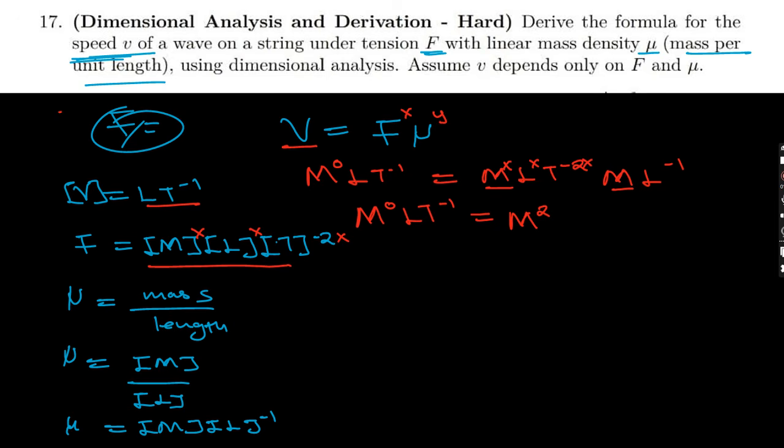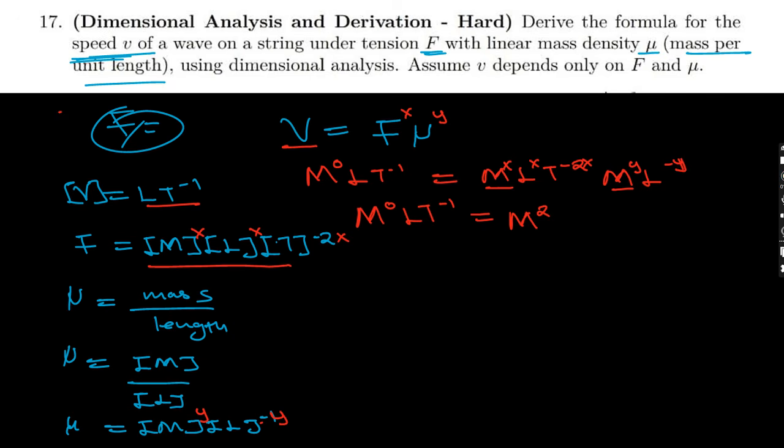This is the part I forgot. What about here? The linear mass density is raised to the power y. That means we're going to have y here, also y here. Now because it is -1, we're going to have -y, because -1 times y is -y. So here we're going to have y, then negative y there.